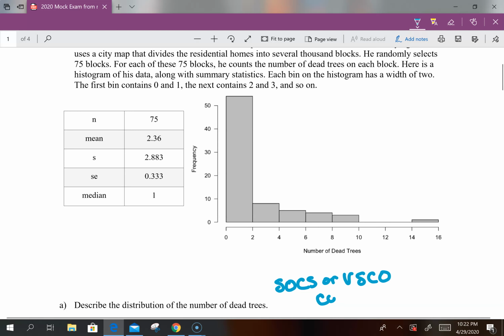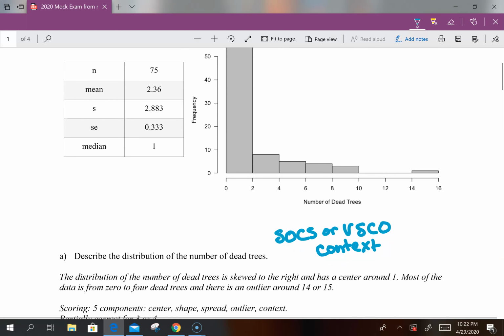It's not enough to just say the center is here, it's skewed to the left, whatever. You have to give units. Somewhere in one of those four, you need to say what the context is, what you're talking about. In this case, we're talking about the number of dead trees. So you would need to reference that at least once in going through your distribution.